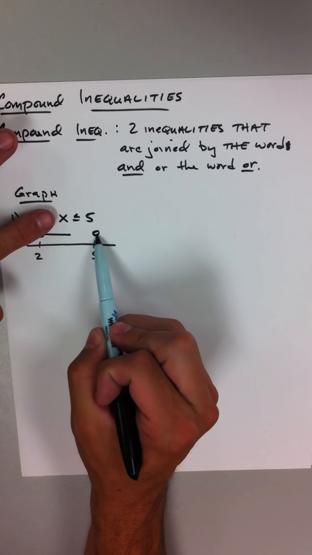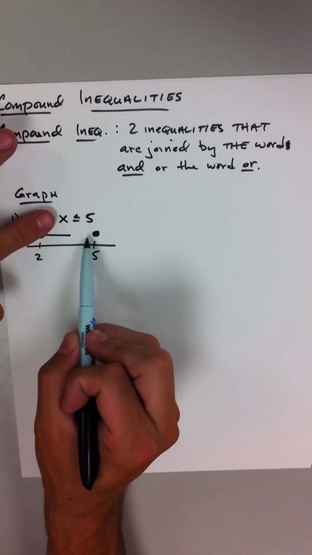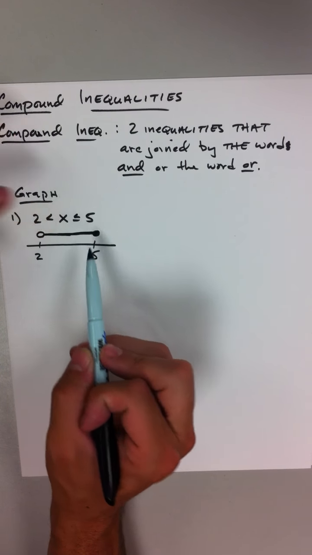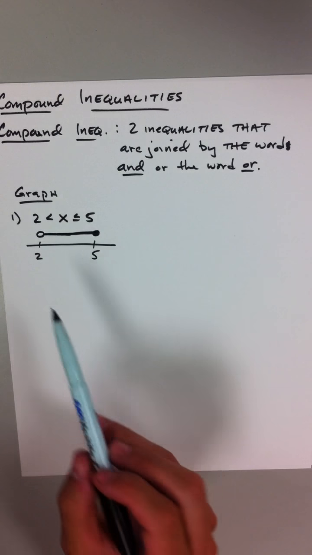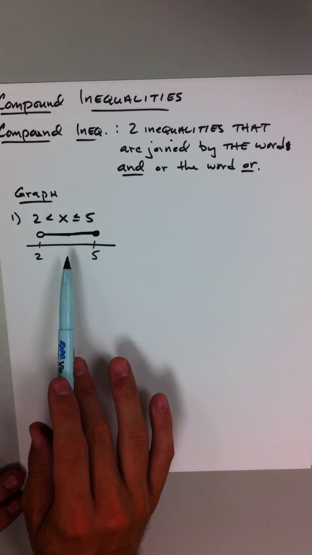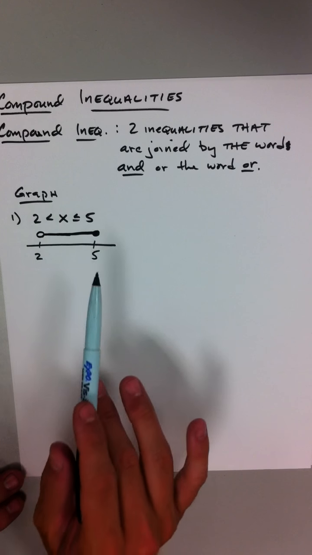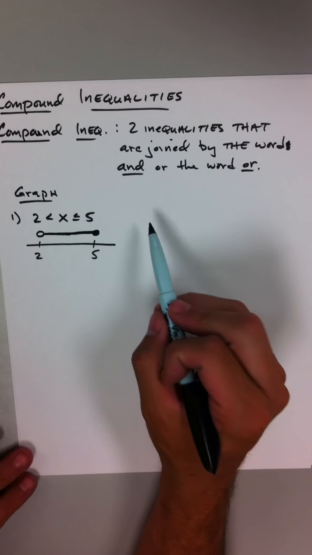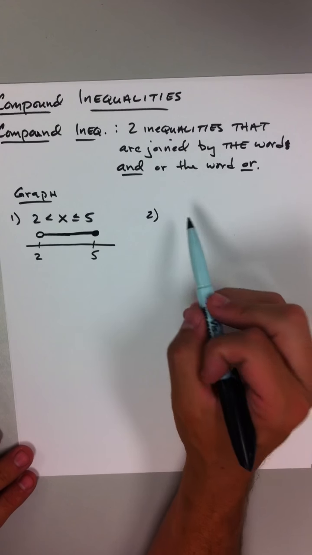That means it's a closed circle. Less than or equal to would mean it goes this way. And so it's all the numbers that are between 2 and 5. Any answer that I pick in here, 3, 4, 2.5, are all numbers that are bigger than 2 and less than or equal to 5. Okay, let's try another one.